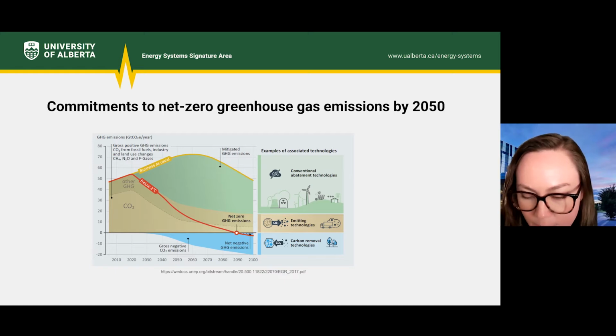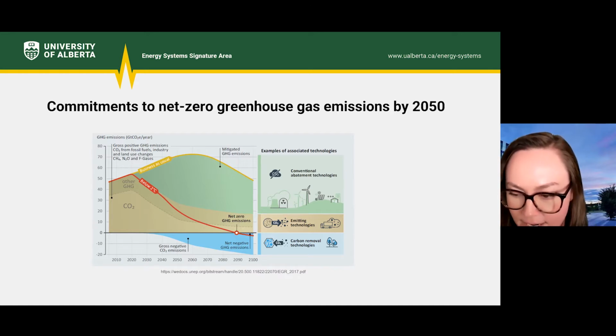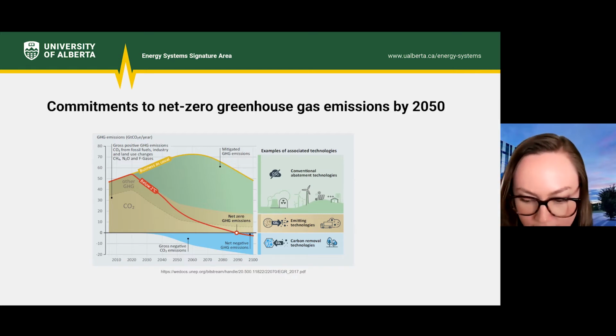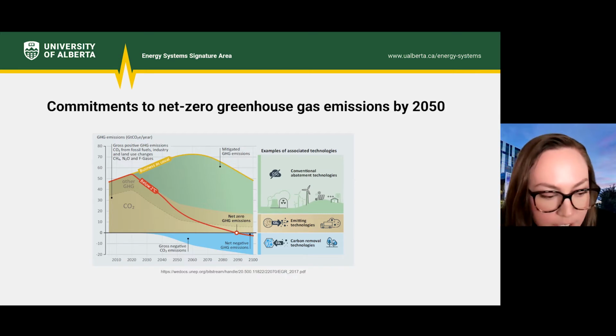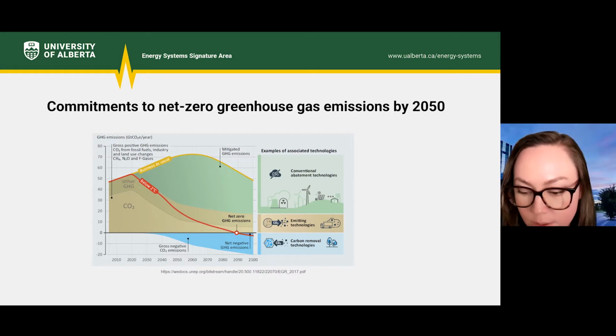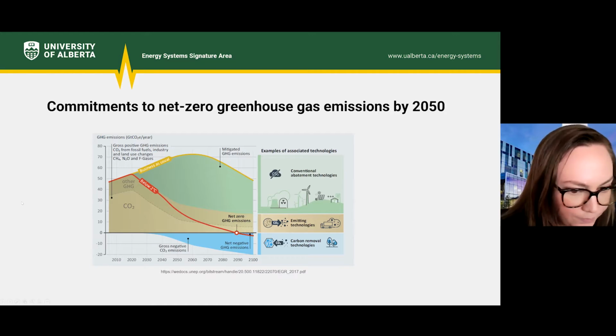And so that includes both massive investments in GHG mitigation technologies, so that's making up that green component of the chart. But then also, because there's some emissions that are just not feasible to decarbonize or eliminate completely, we'll also require the investment in carbon removal technologies to get to that net zero.